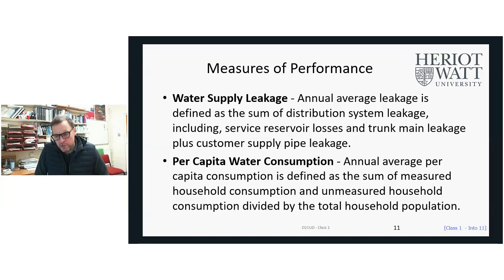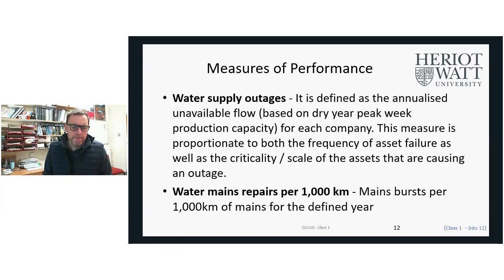Water companies are also encouraged to get their customers to use less water by using water saving devices, low water use taps, showers, etc. Then there are water supply outages and water mains repairs.